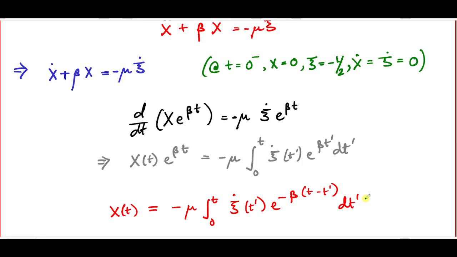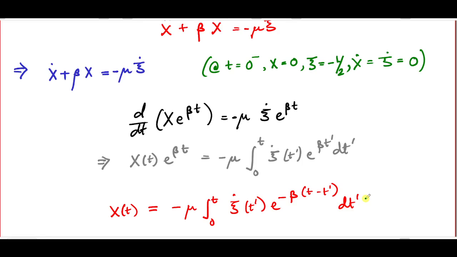Notice that this is the full solution of the problem provided you know xi of t. You know exactly how the boatman has moved with respect to the boat. So the actual details of X of t are going to, of course, depend on exactly how the boatman moves from one end of the boat to another.